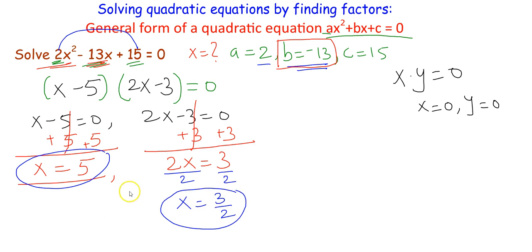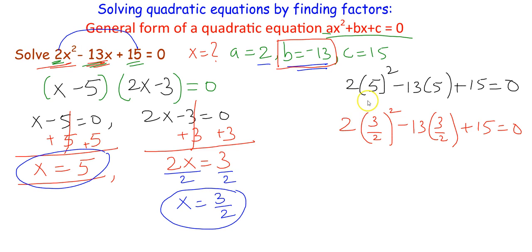And we can verify whether these values are correct by going back and substituting these values of x in the given equation. So here we substituted x is equal to 5, that is, this x is replaced by 5, and so you got 2 times 5 square minus 13 times 5 plus 15, and using calculator you got your answer 0.